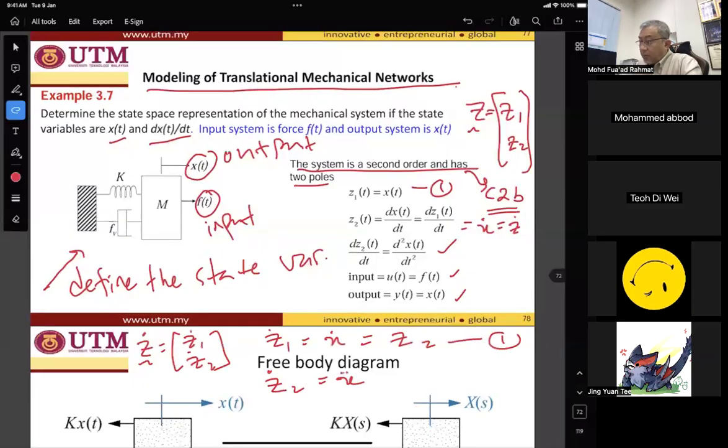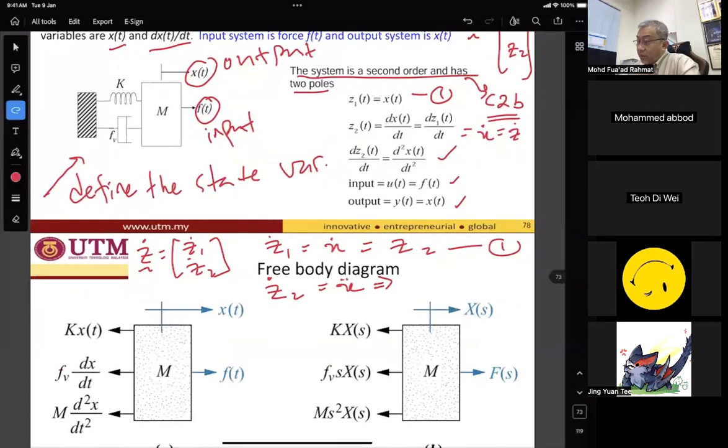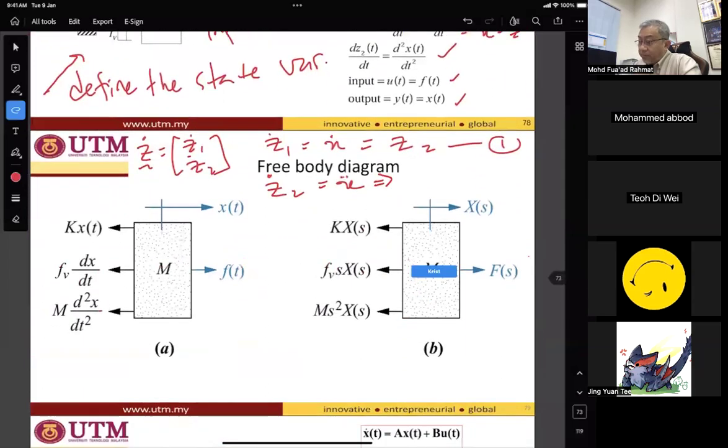Okay, so this one you have to derive. You have to derive this in order to find the second state equation, and in order to derive the z2 dot or x double dot, we have to use the free body diagram, which is shown here.